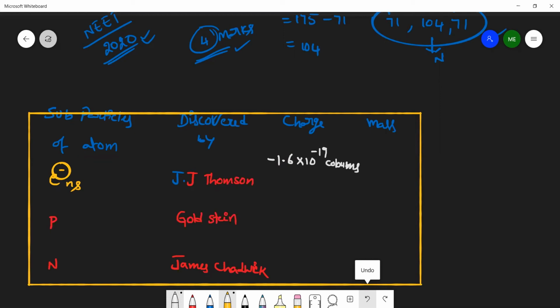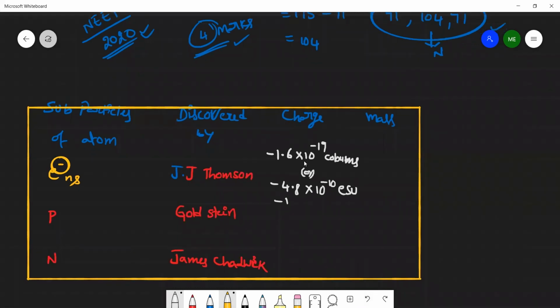Another value, in electrostatic units, is minus 4.8 into 10 to the power of minus 10 ESU. Or the charge is minus 1.